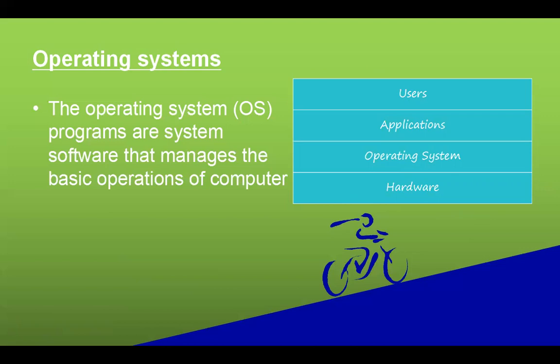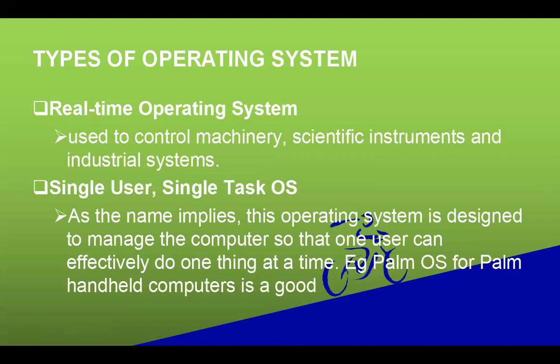Moving on, let's see the types of operating system. These are just a few of the types. The first one is the real-time operating system. This is used to control machinery, scientific instruments, and industrial systems, so it is mainly used in industries and scientific places.